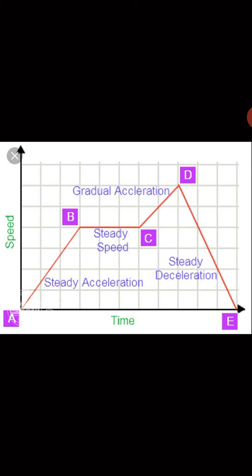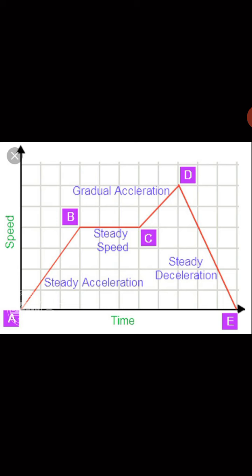Then after point C, again the graph line is going upwards and reaching point D. So the line CD indicates that it is gradual acceleration. Now what's the difference between steady acceleration and gradual acceleration? If you see, line AB is steeper than line CD.